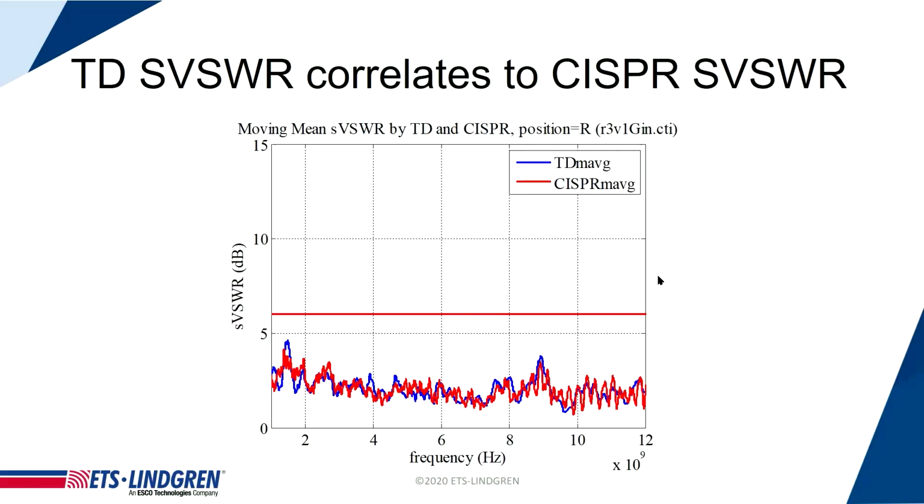But if we do a moving average of the two to look at the trend, this is actually obtained in a real chamber measured by both the time domain method and the CISPR method. If we do this moving average to look at the underlying trend, these two methods really correlate to each other. So we know deep down that we're really measuring the same physical quantity using either the time domain method or the CISPR method.